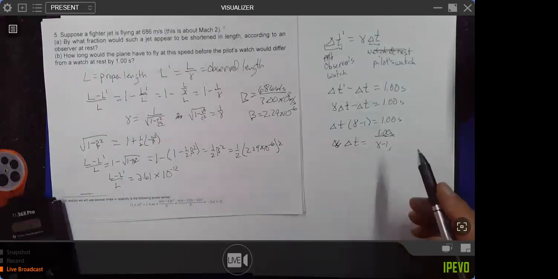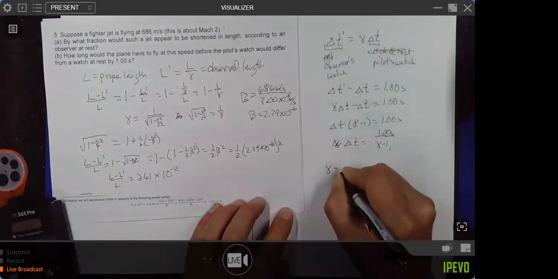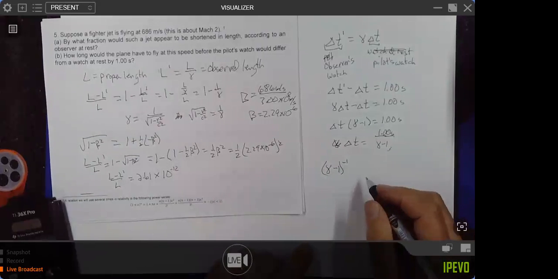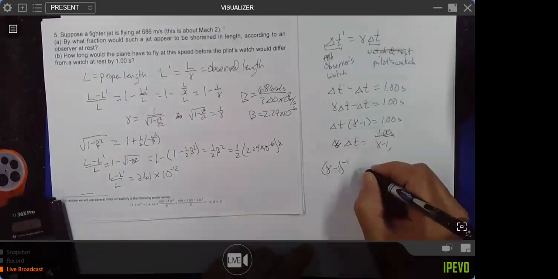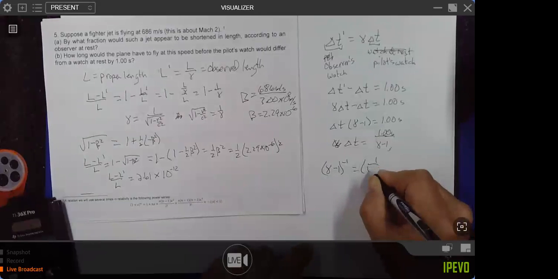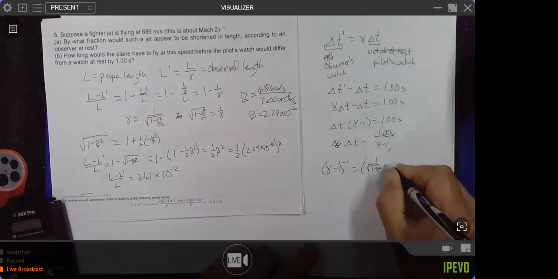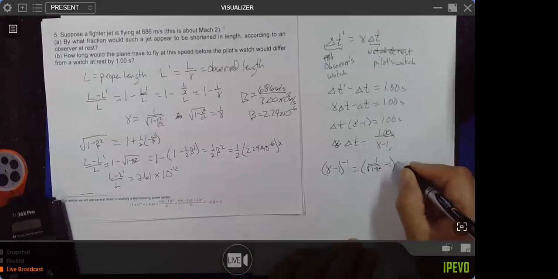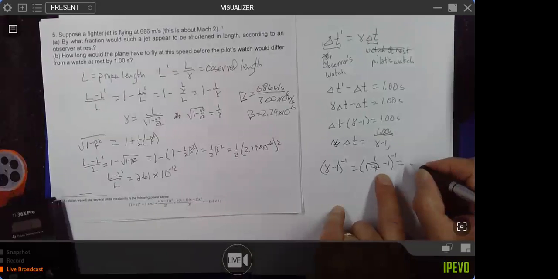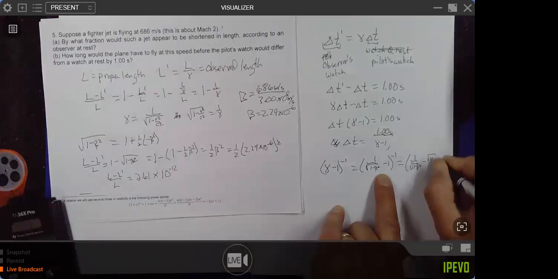But we can expand gamma minus 1 to the minus 1. 1 over the square root of 1 minus beta squared, minus 1, will equal 1 over the square root of 1 minus beta squared minus the square root of 1 minus beta squared over the square root of 1 minus beta squared.